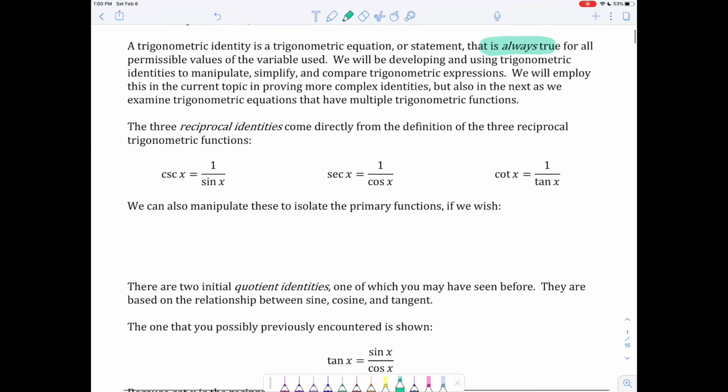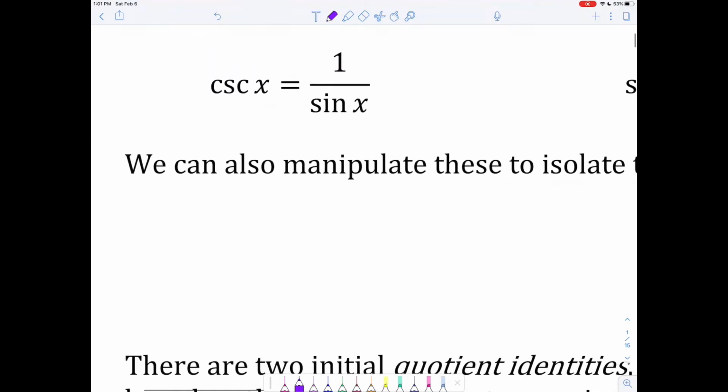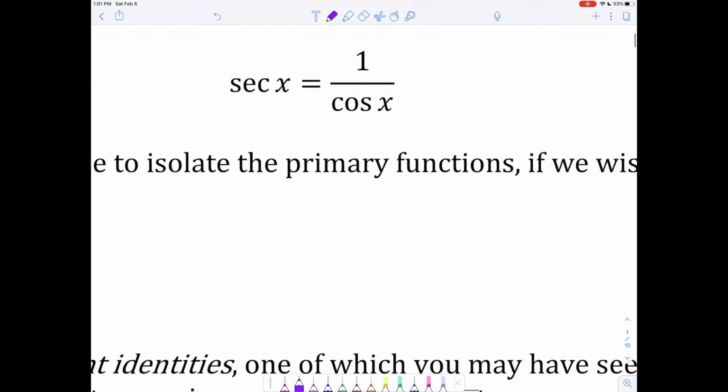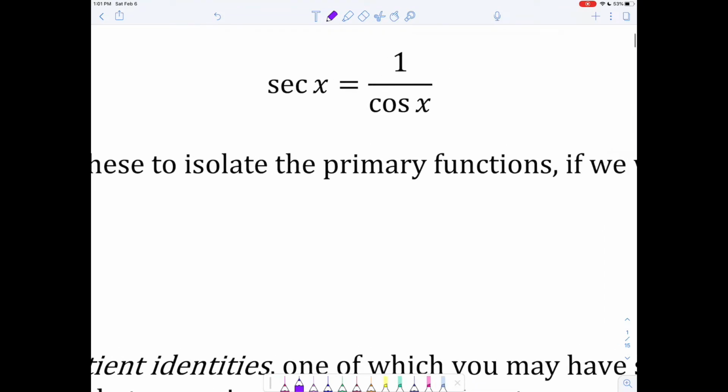And if we want, we can write these a different way. We don't have to. But if cosecant is the reciprocal of sine, then we can say that sine is the reciprocal of cosecant. And similarly, if secant is the reciprocal of cosine, we can say that cosine is the reciprocal of the secant function.